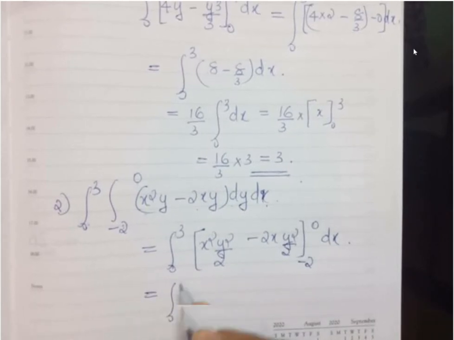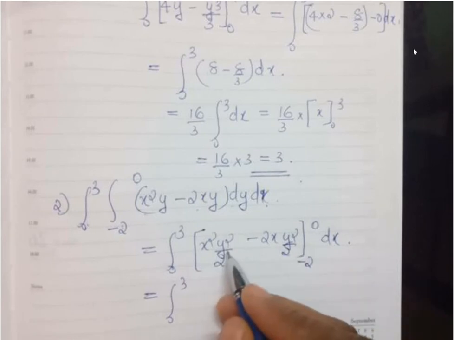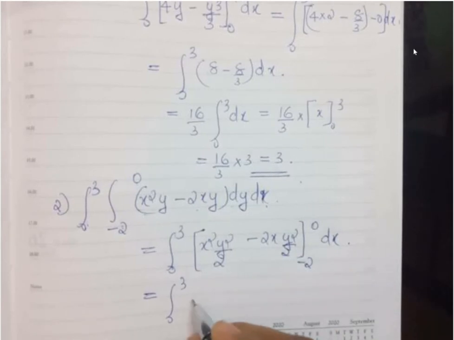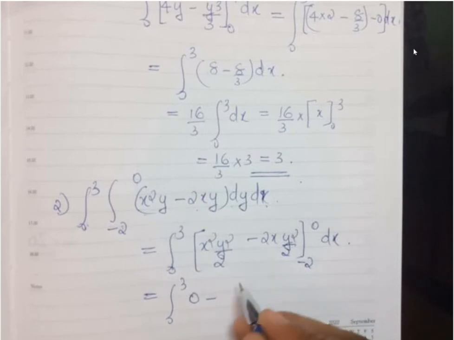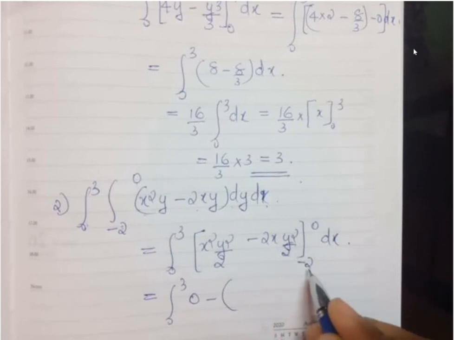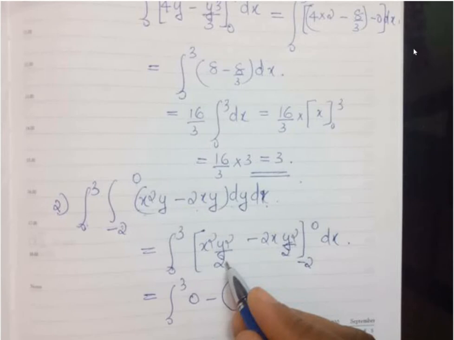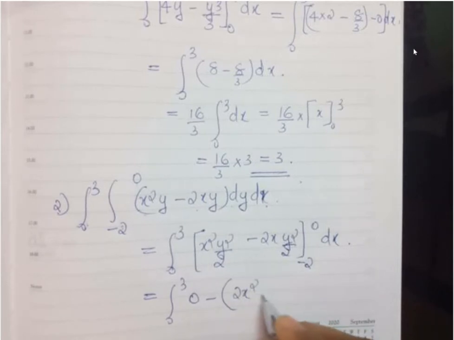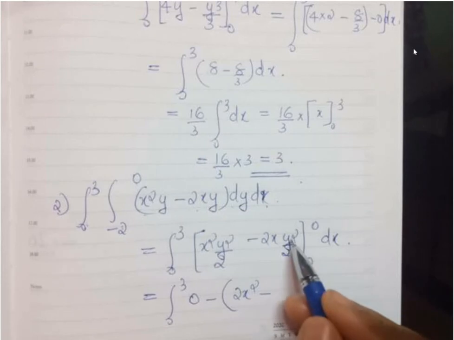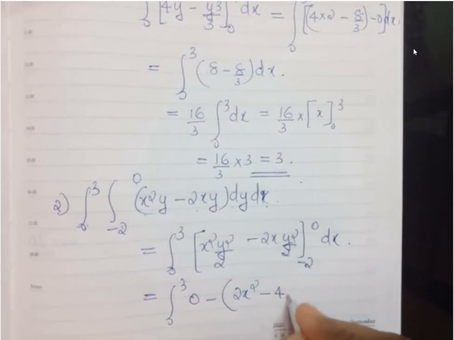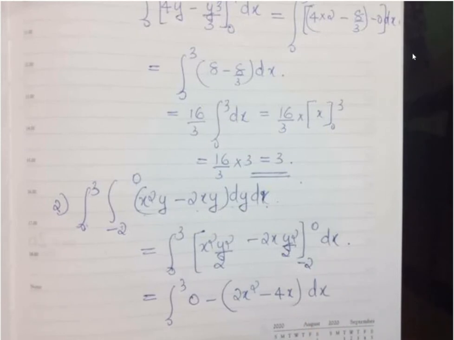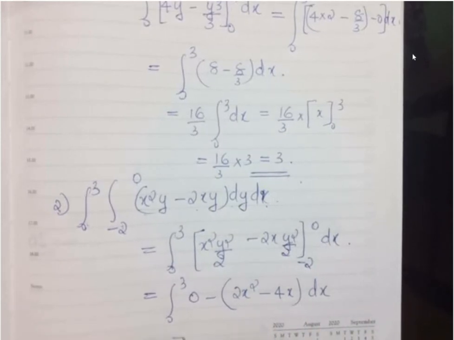Substituting 0, all of these are 0. 0 minus, minus 2 square, that is 4 by 2, that is 2x square, minus 4 by 2, that is 4x, into dx, which is the same as minus of 2 into x cube by 3 minus 4 into x square by 2, from 0 to 3.